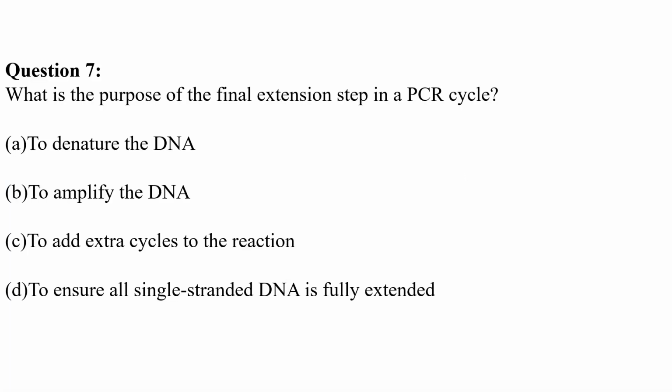So actually the correct answer is option D. In a PCR cycle we have major steps, that is denaturation. As I explained earlier, what is denaturation? Then comes the annealing, where the primers anneal to the single stranded DNA.